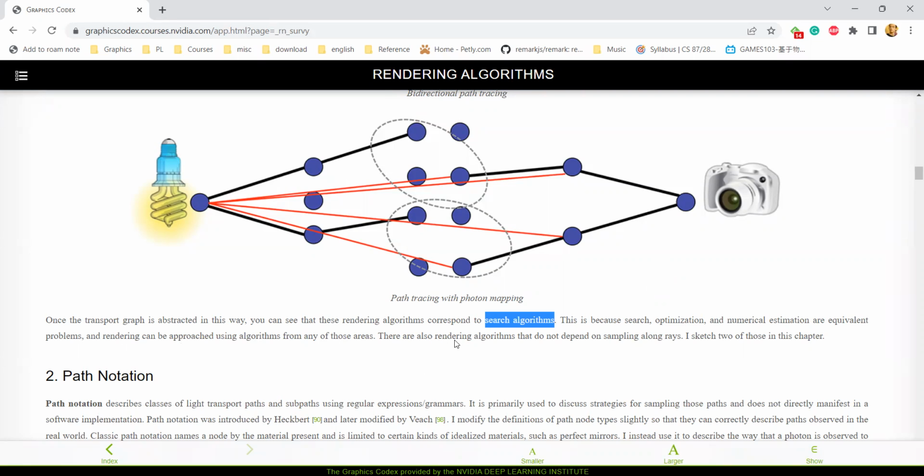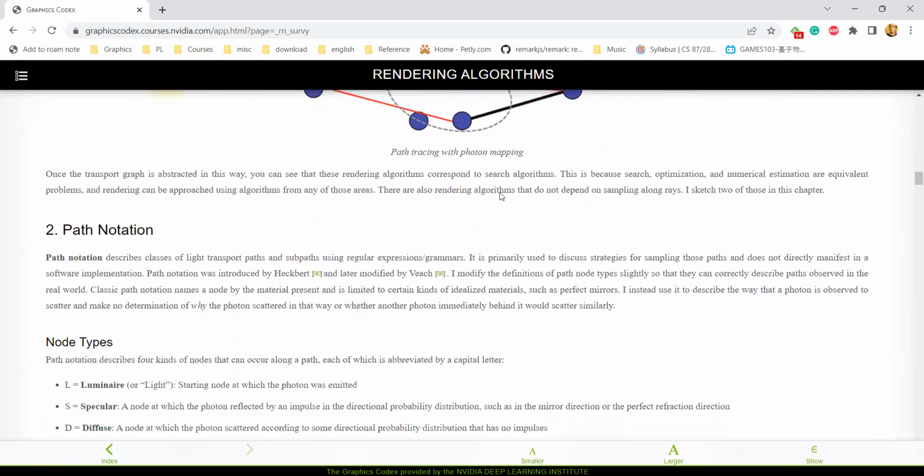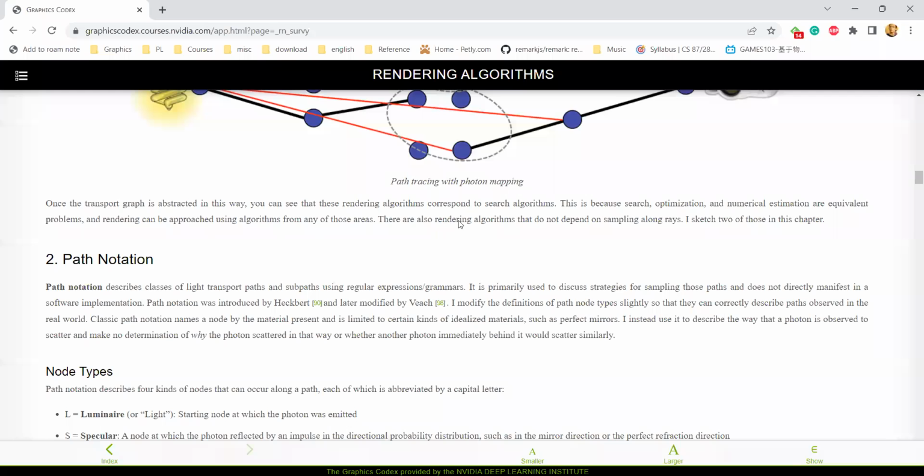There are also rendering algorithms that do not depend on sampling along rays. I sketched two of those in this chapter. Do not depend on sampling along rays. What algorithms are like that? I'm curious what he means by that.